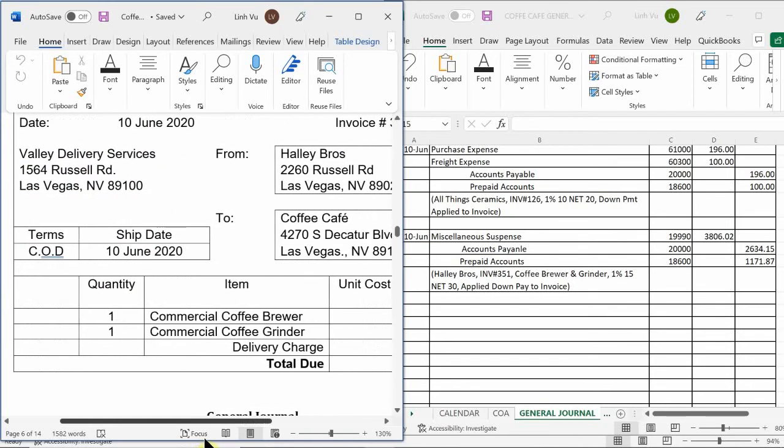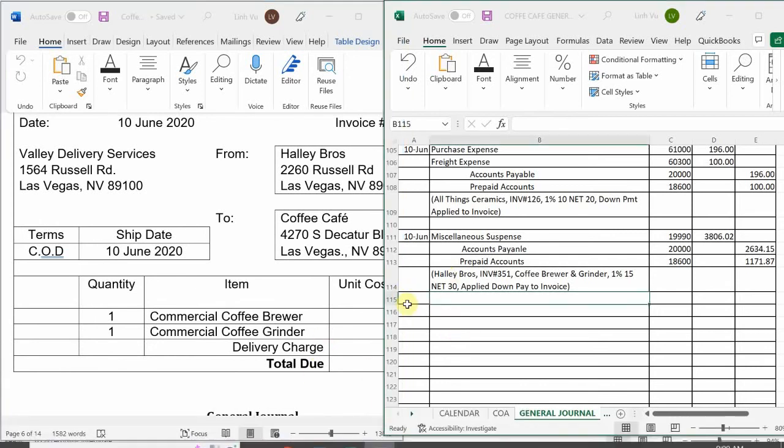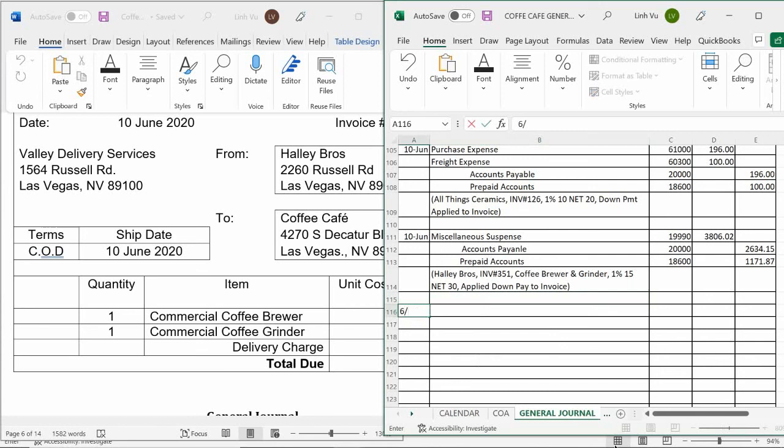With this type of shipping, what do I do? Cash on delivery. I have to pay for it.